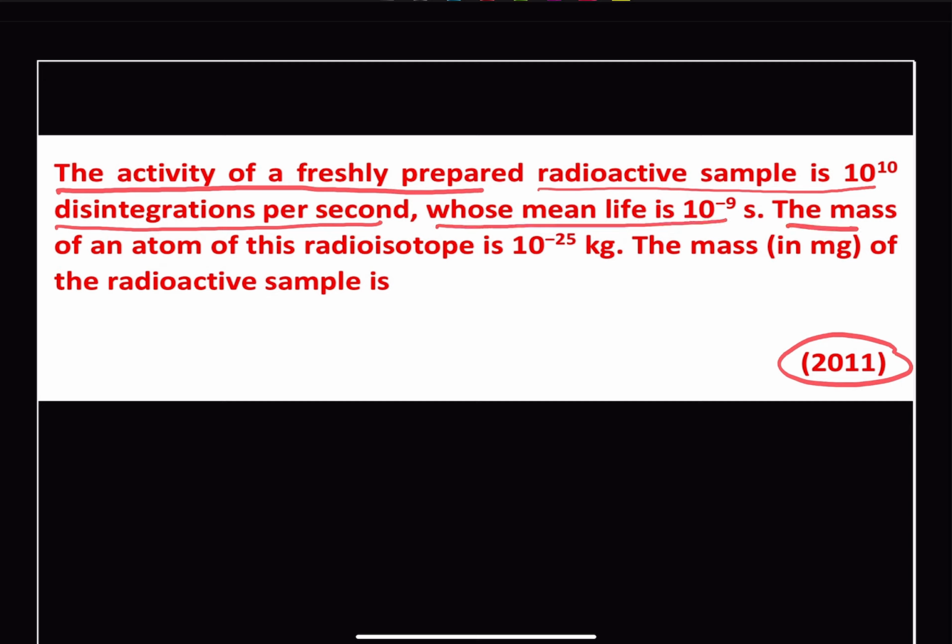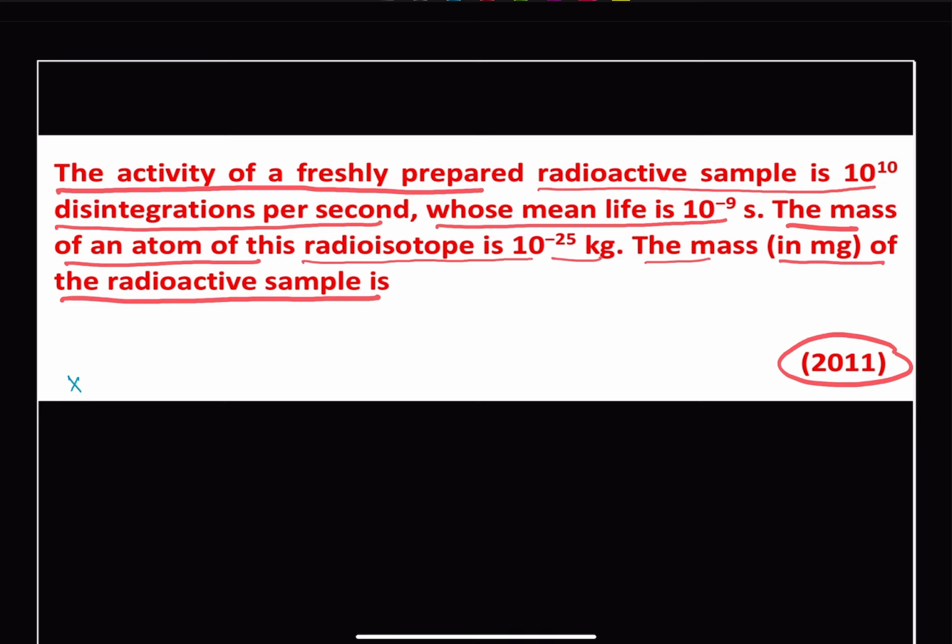The mass of an atom of this radioisotope is 10 to the power minus 25 kg. The mass in milligram of the radioactive sample is? So in this case we are given disintegration, that is 10 to the power 10. So we start with the standard formula.